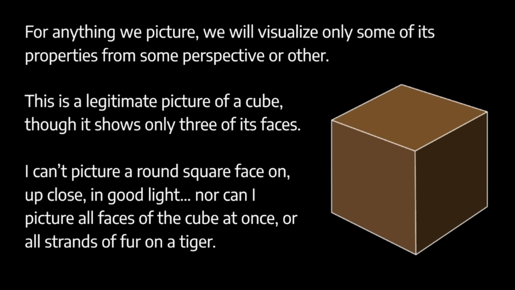When I imagine the tiger behind the curtain, I don't need to imagine every single strand of fur, and indeed I can't imagine every single strand of fur, but I still count as imagining a tiger. The round square doesn't obviously seem to be any worse off than anything else we might conceive. We can conceive a round square from certain perspectives, right? We can imagine certain of its properties. And so that counts as imagining a round square. Why not?